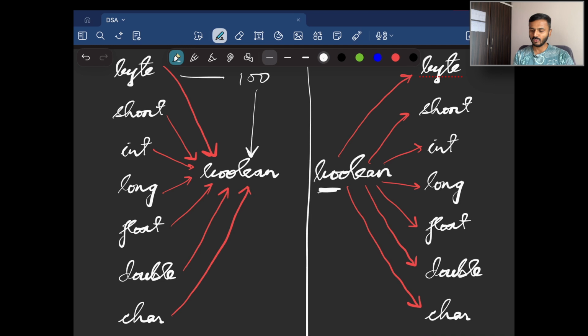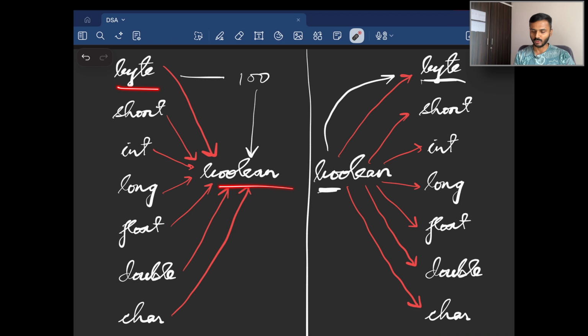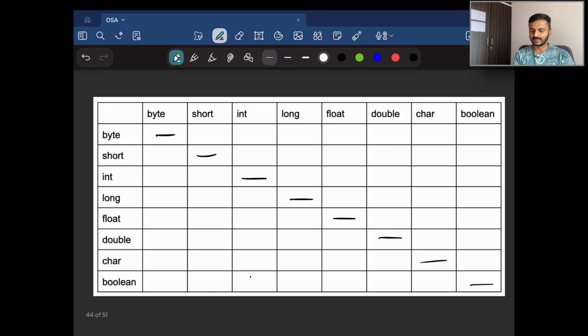Similarly, if we have got a boolean, we cannot convert the value that is there, be it true or false, to byte. And that means that the 14 pairs that you can see over here, that is byte boolean and short boolean, long boolean, boolean short and boolean double and so on, are the pairs where the conversion is not even possible. So let's mark these 14 pairs with a cross in the table.